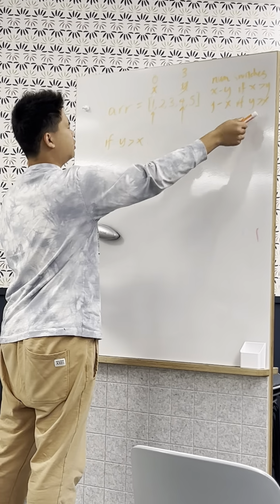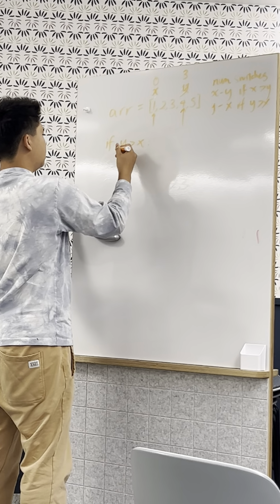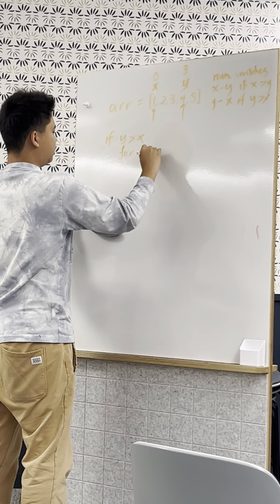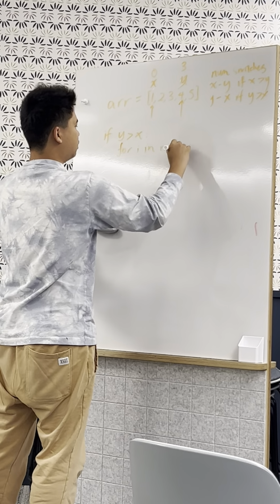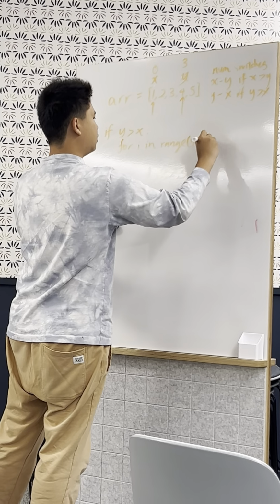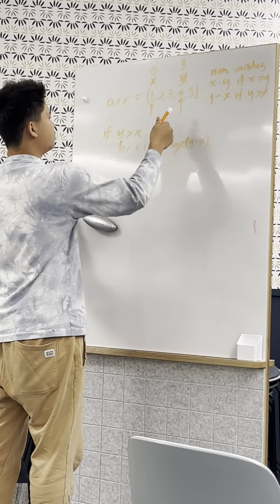Because y is greater than x, you have to move x to the right, which is like i plus plus or something. So for i in range, and then here you would use y minus x. After this, you'd have to start switching.